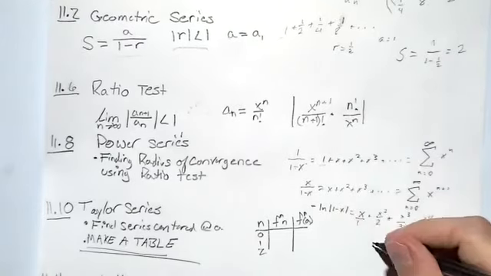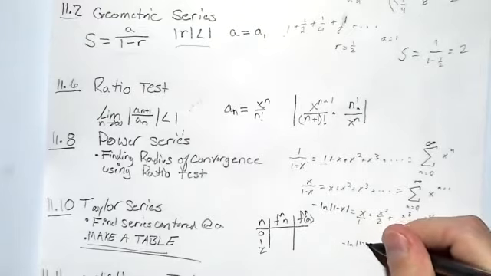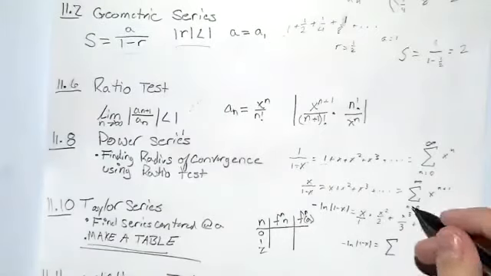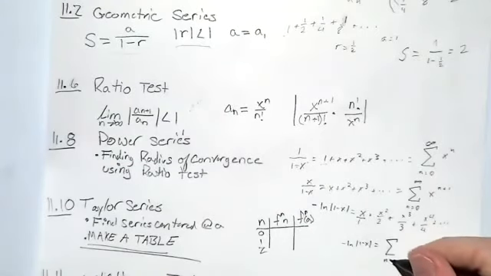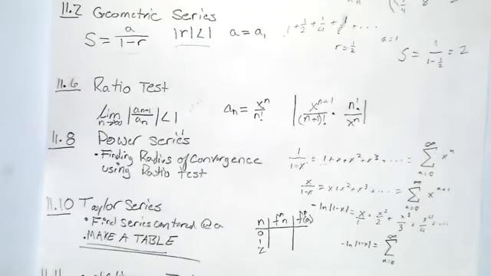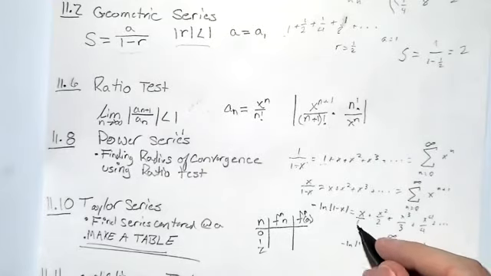So negative natural log of 1 minus x is equal to the summation, again starting with n equals 0 and going to infinity. Now we start off with x, so we have x to the n plus 1.